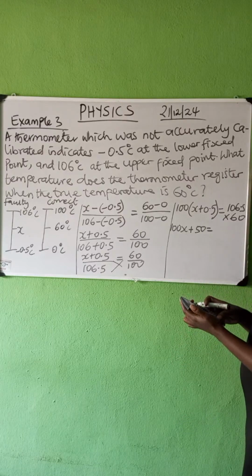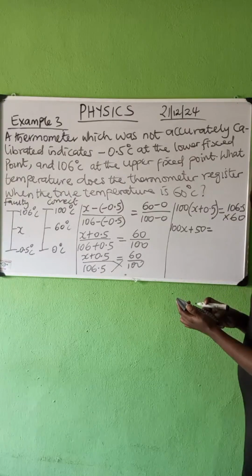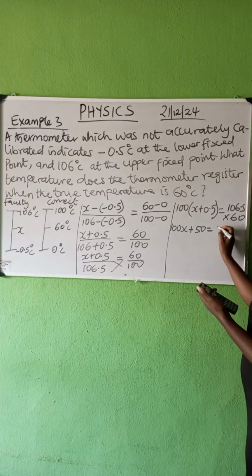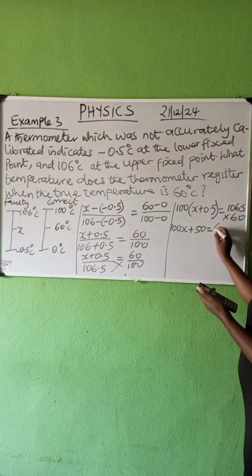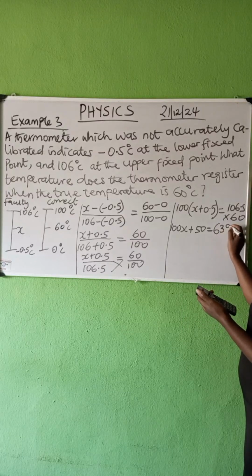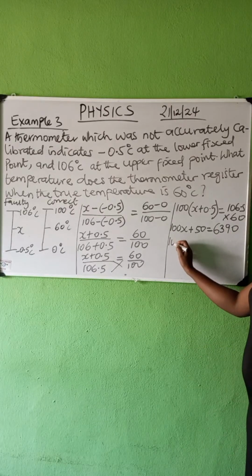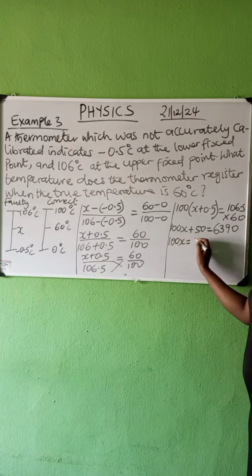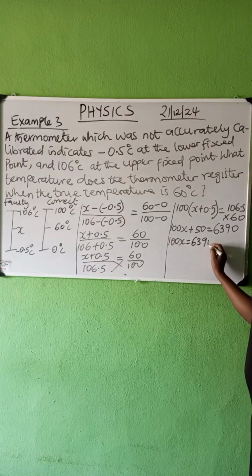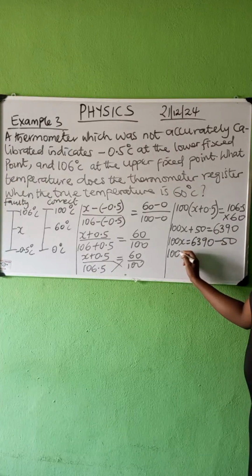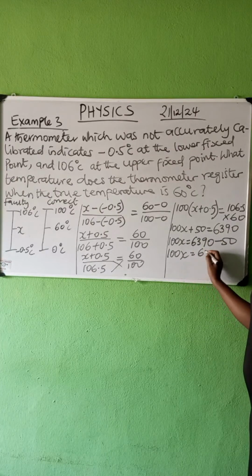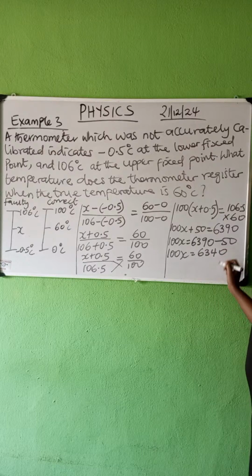Now let's go. 106.5 multiplied by 60, I have 6390, okay? Then I'll take this to this side. 100x is equal to 6390 minus 50, right? 100x is equal to 6340, right?